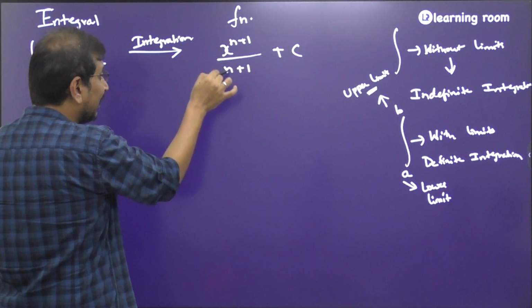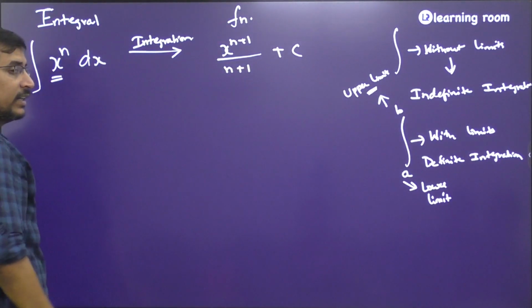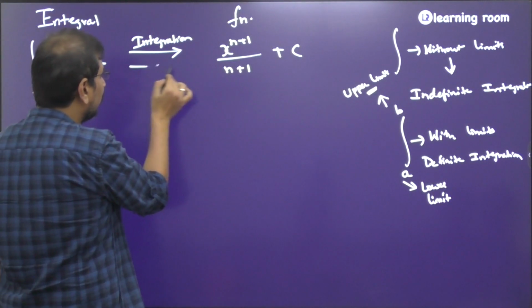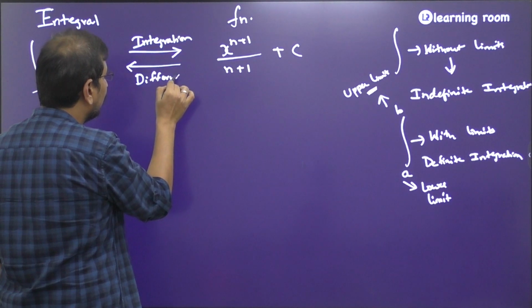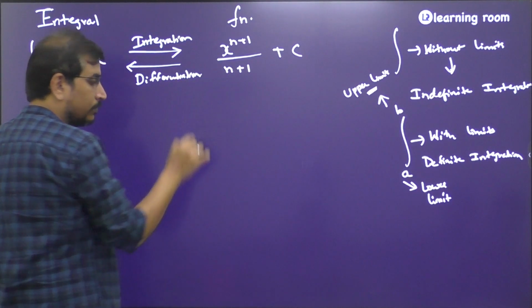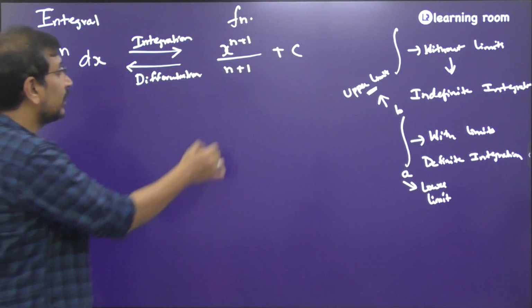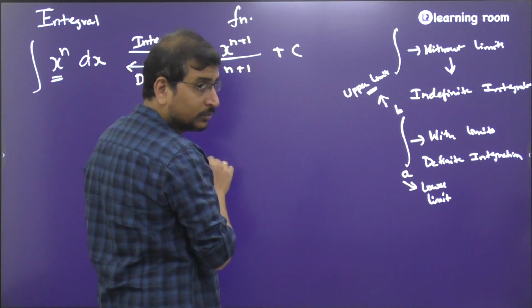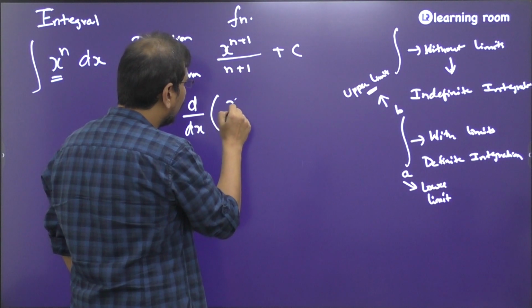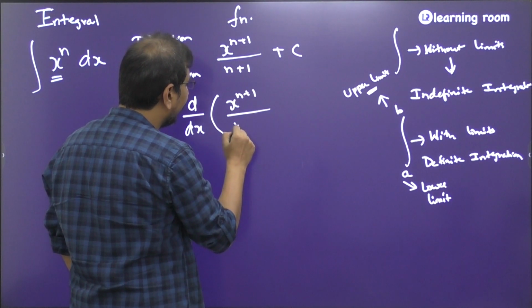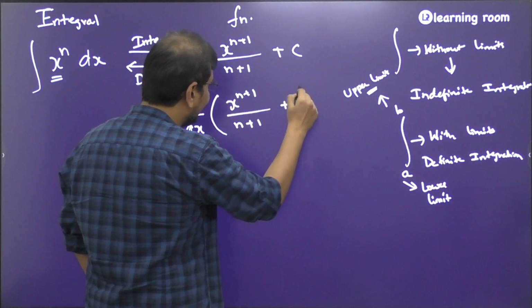So from x power n plus 1 by n plus 1, if I need to get x power n, I need to follow the reverse process, which is called differentiation, right? So if I ask you to differentiate this, what will you tell me? d by dx of x power n plus 1 divided by n plus 1, plus c.